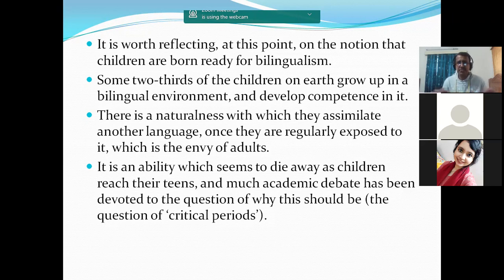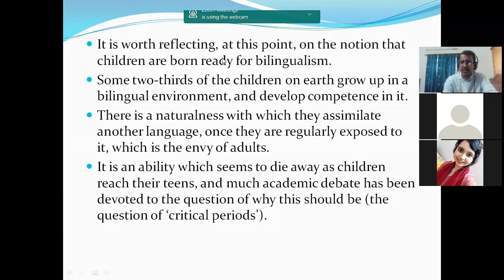So language is complex. It is not a logic. The logic is that children are ready to accept a thing, and if it becomes a language, then children can learn the language more quickly than us, aged persons. Some 2/3 of the children on earth grow up in a bilingual environment.